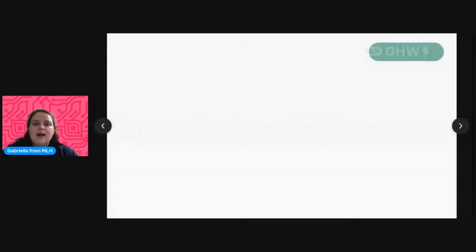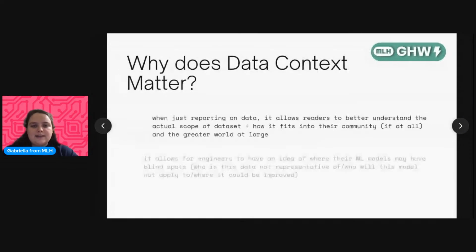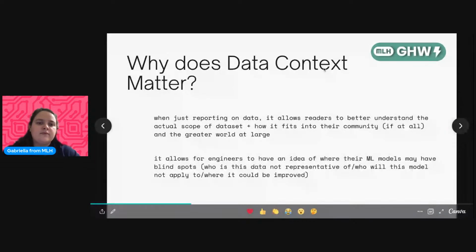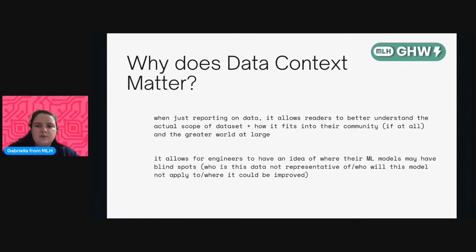Now we're going to talk about why data context matters. Why are we talking about it today? And why is it something we need to learn how to do in the first place? When you're just reporting on data, context allows readers to better understand the actual scope of the data and how it fits into their community, if it does at all, and in the greater world at large.